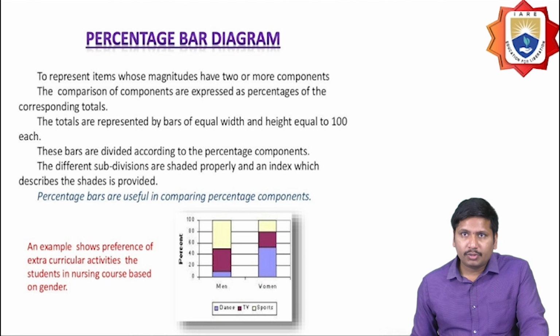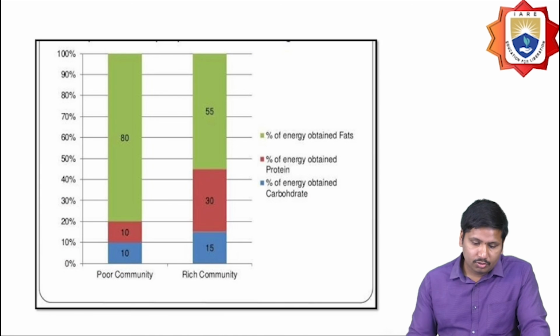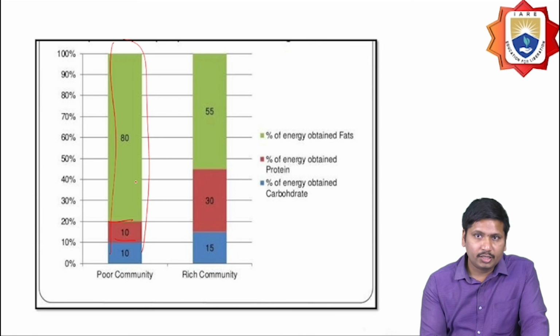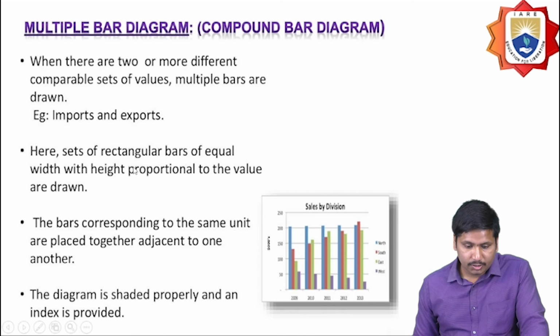This percentage bar diagram represents magnitudes that have two or more components, and the comparison of components is expressed in the form of percentages of corresponding totals. So within this bar itself I can make the segments based on the percentages.